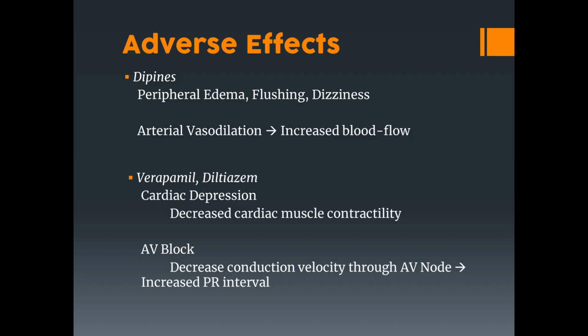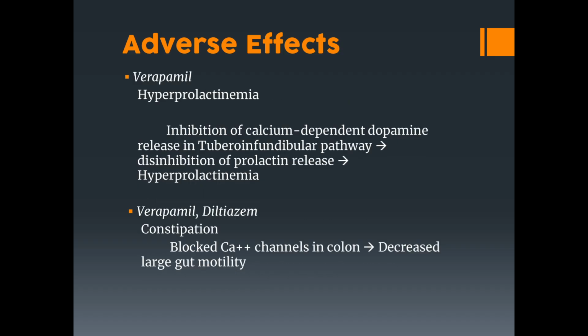Now, verapamil also causes hyperprolactinemia, and this adverse effect confuses many students. There is research that suggests that verapamil causes this hyperprolactinemia by inhibiting some calcium channels in the tuberoinfundibular pathway.